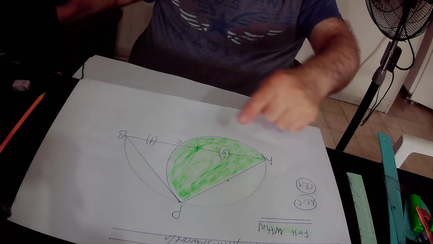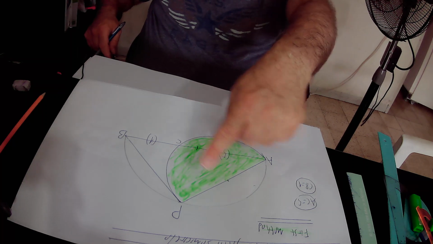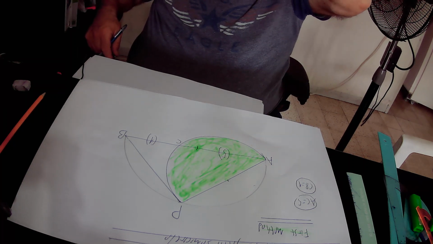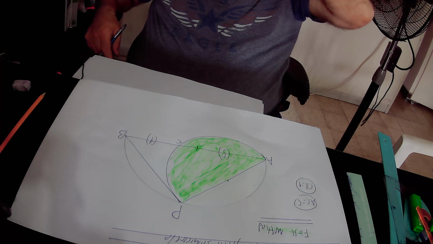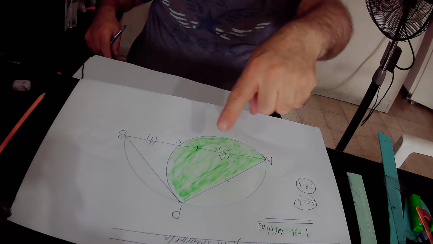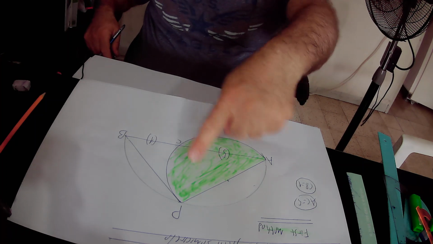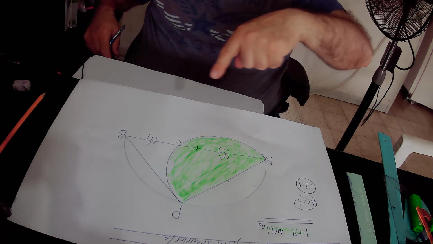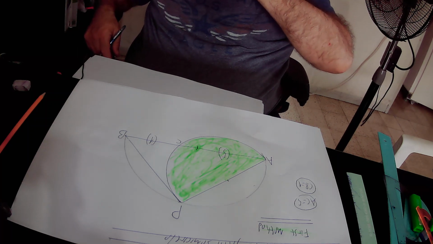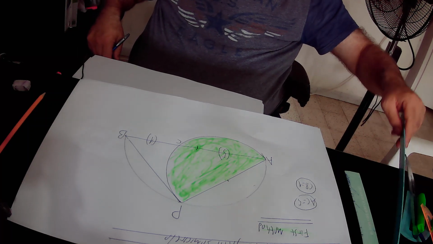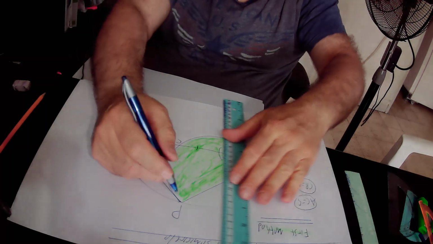In the next step, we will join points P and C together by a straight line, and then I'll copy the green semicircle in a new page with the angle that we created here. So we join points P and C together by a straight line.